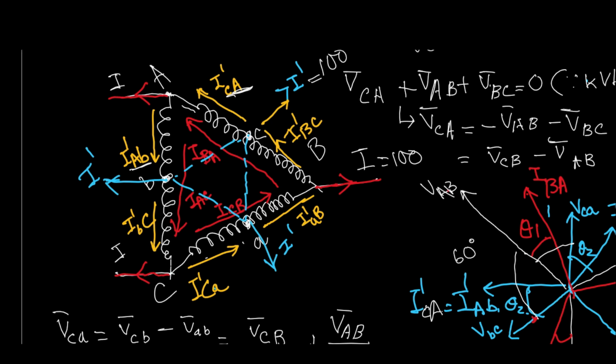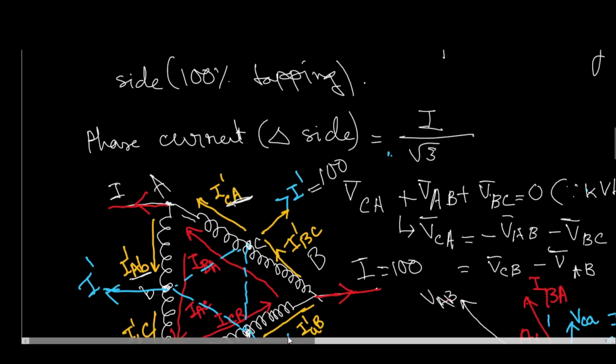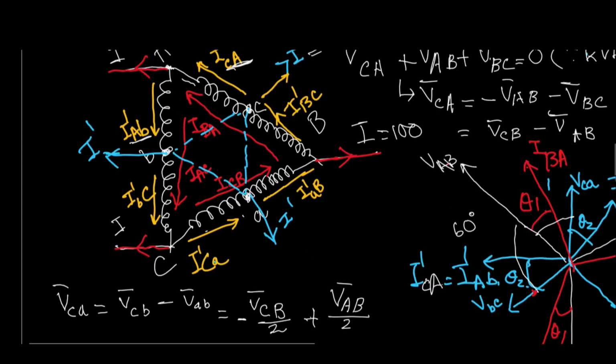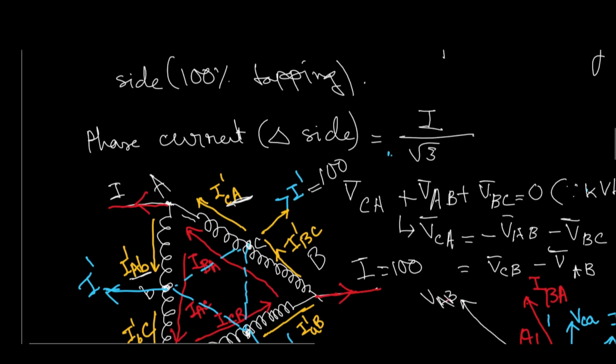Since my memory is very poor, I just derive everything. Now here it is V small ca. Similar to the previous one, we can write it as VCB minus VAB. Make sure that this fictitious delta doesn't exist on the transformer side. It is a fictitious construction shown by this blue dotted line.